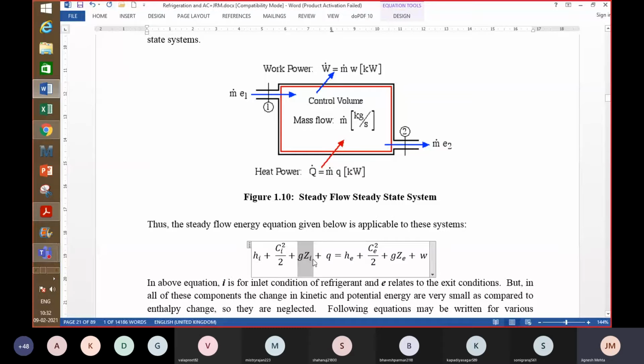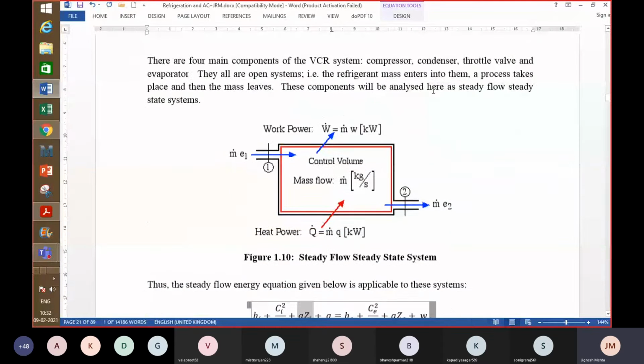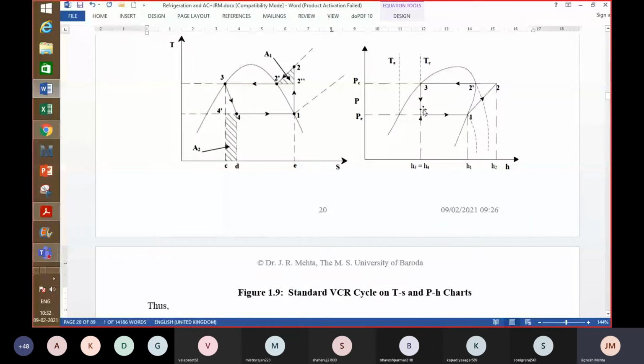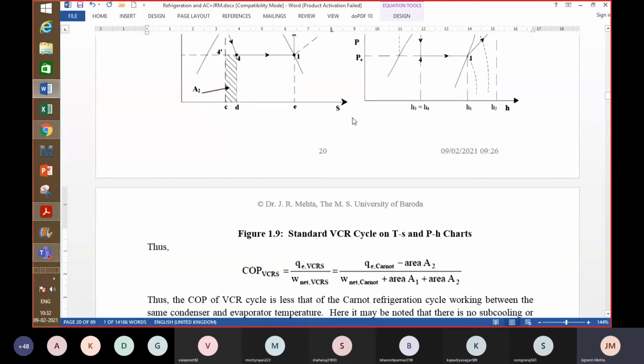Here I have written it as i, inlet, right? Probably I have written it like i and e because when we draw the cycle, we are writing 1, 2, 3, 4 like this. So like for compressor, it's fine. 1 is entry and 2 is exit. But then for condenser, 2 will be the entry and 3 will be the exit. So to avoid that kind of confusion, I have written inlet and outlet.